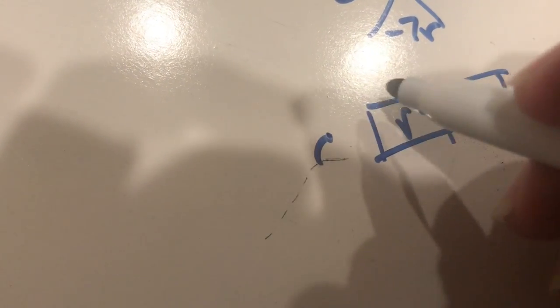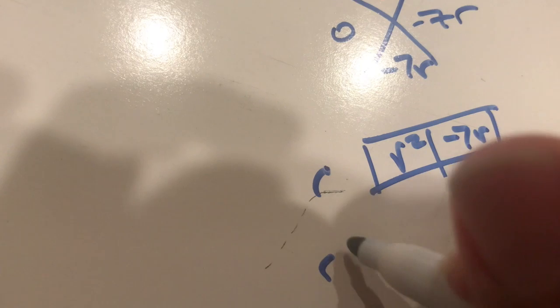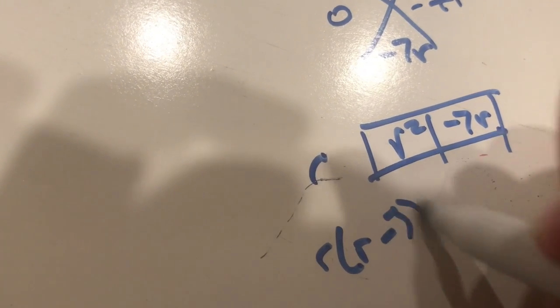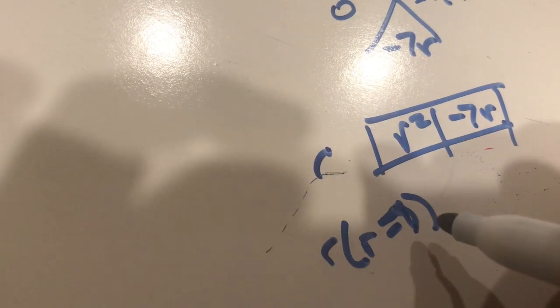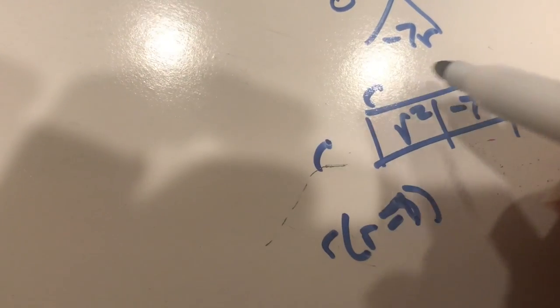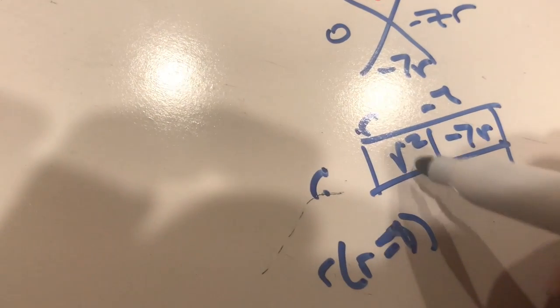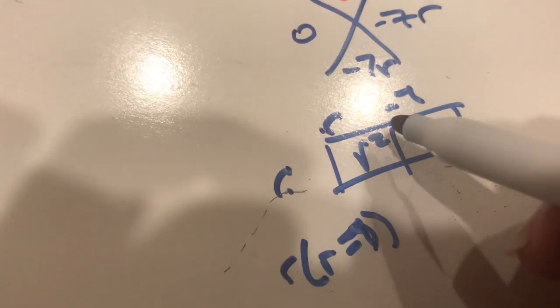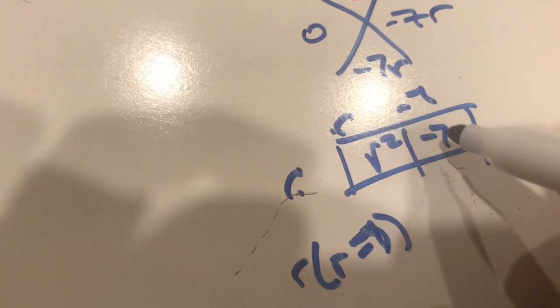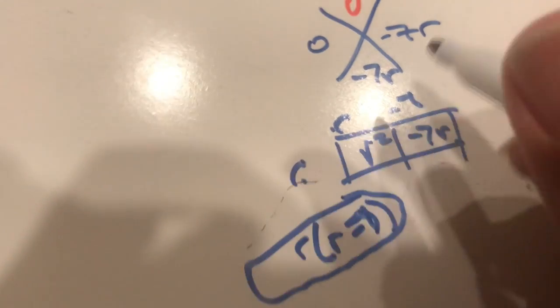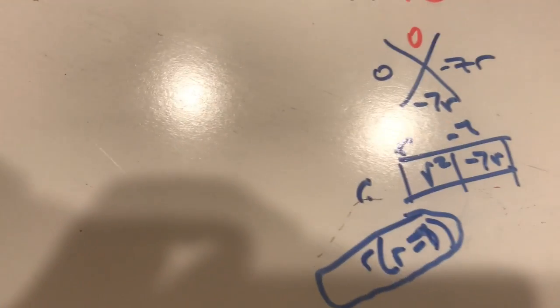And when I take that r out, I'm left with r minus 7, times r and a negative 7, because r times r will give me that r squared there, and r times negative 7 will give me that negative 7r there. So that would be our completed factored form.